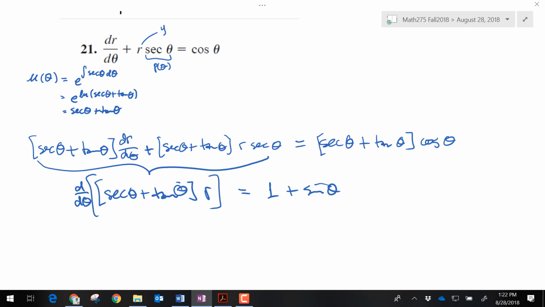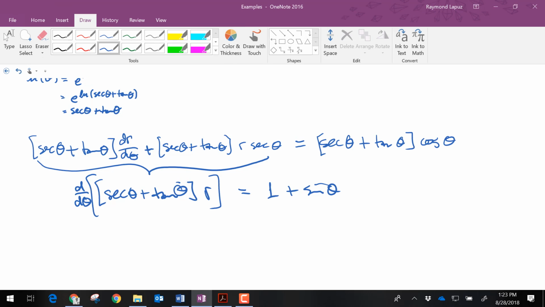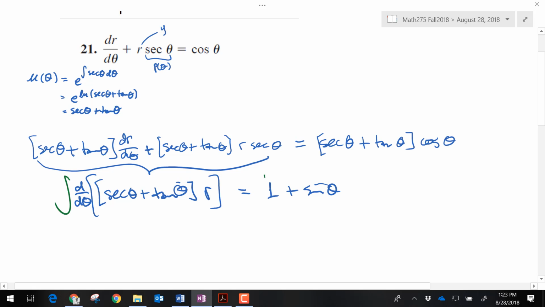LaTeX. All right, so let's go on and solve for this. This is the point where we integrate, and then when we integrate this, it'll just be secant theta plus tangent theta times r, and then the integral of this with respect to theta will be theta minus cosine theta.